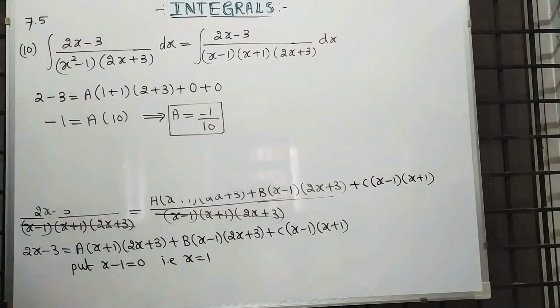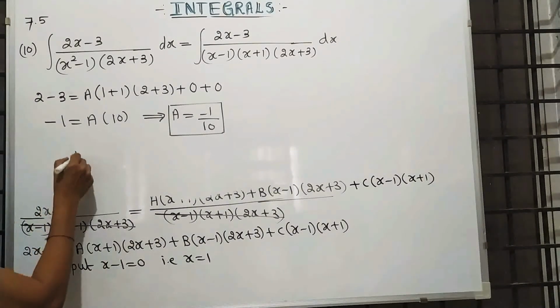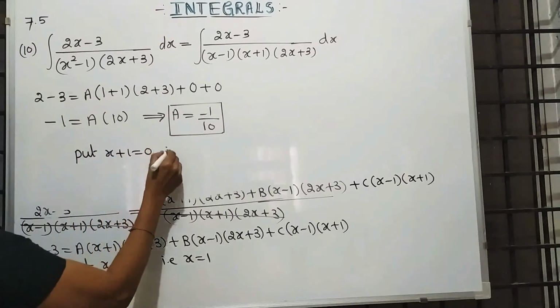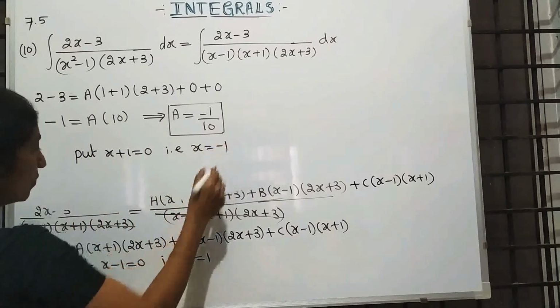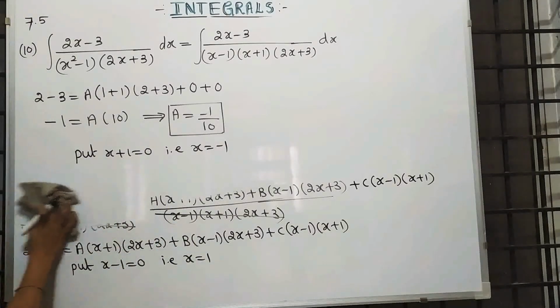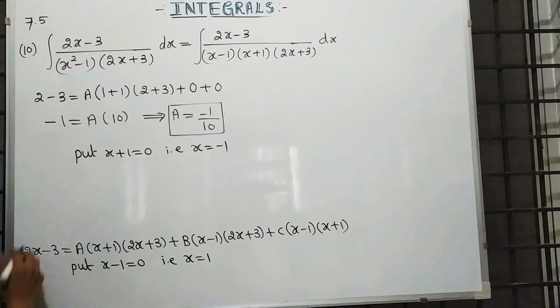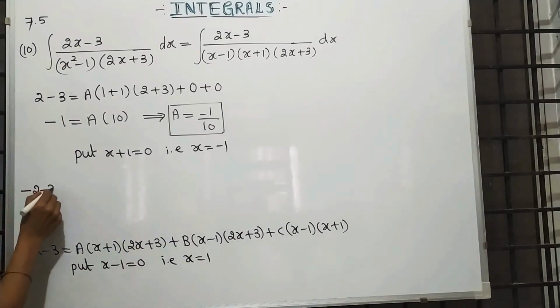Then next bracket, put x plus 1 is equal to 0, that is x is equal to minus 1. This is minus 2 minus 3.